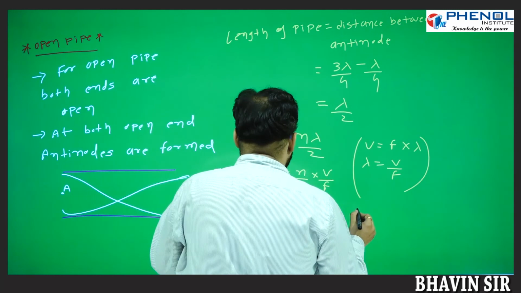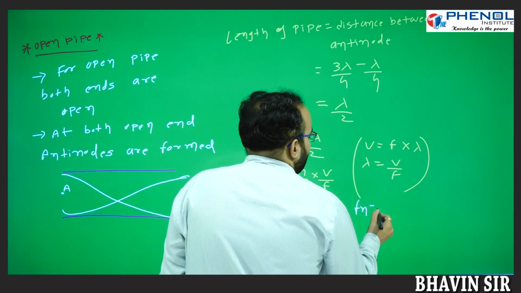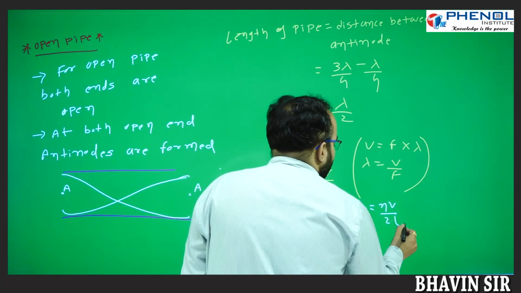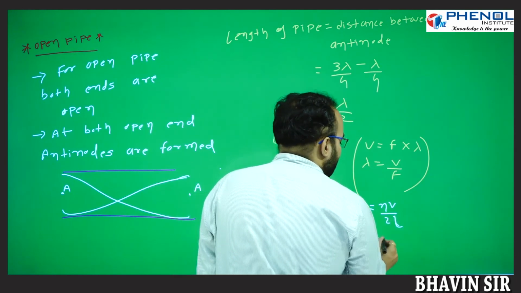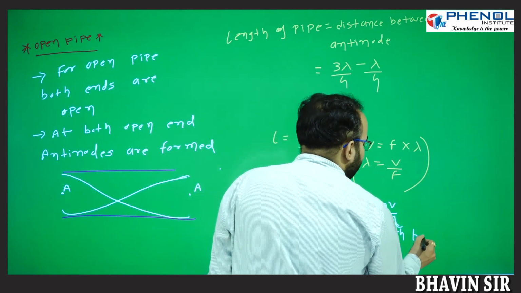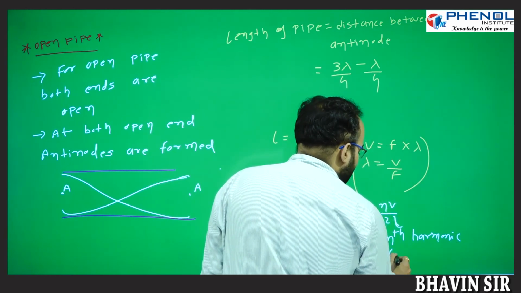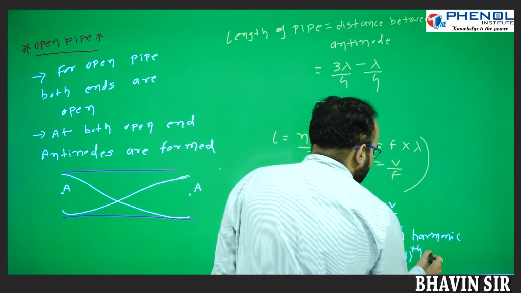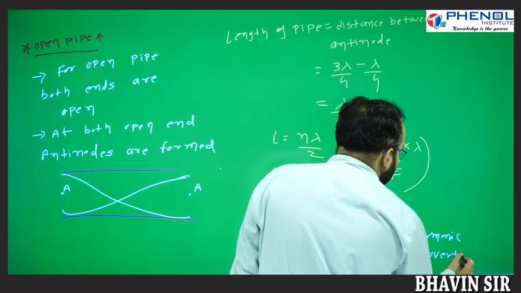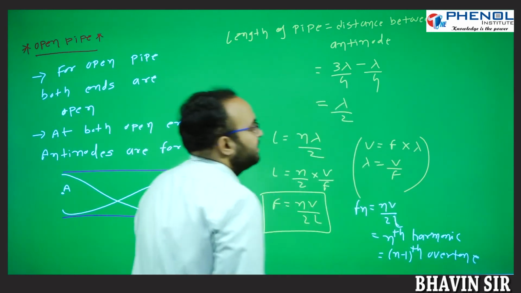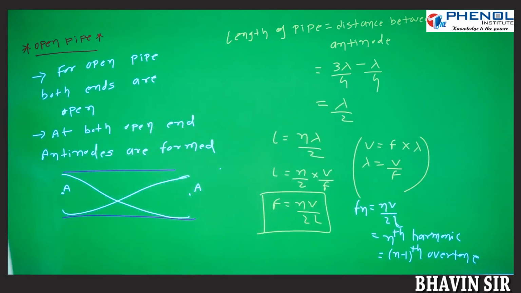We write like a stationary wave, nth harmonic and n minus 1 overtone. Okay, this answer is the same as a stationary wave. Chalo, so for open pipe, for closed pipe, and for stationary wave.